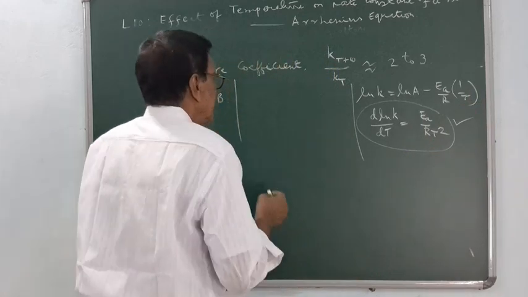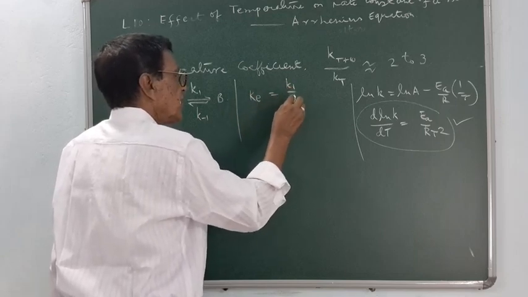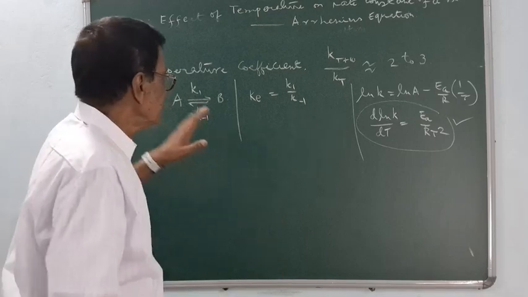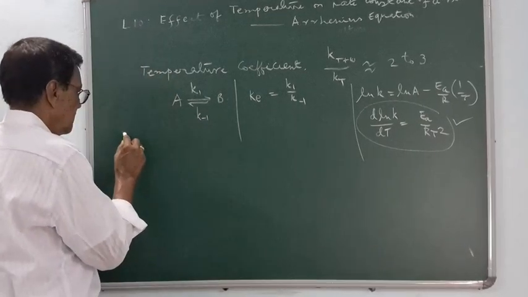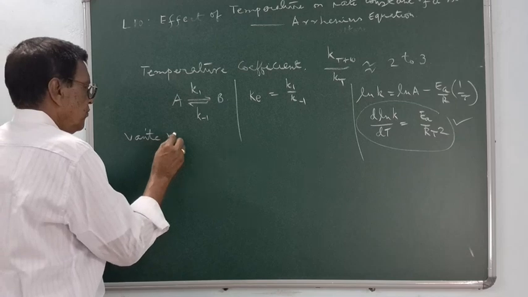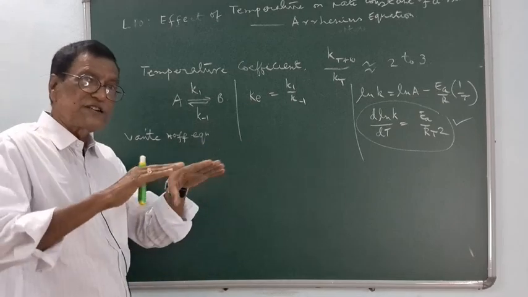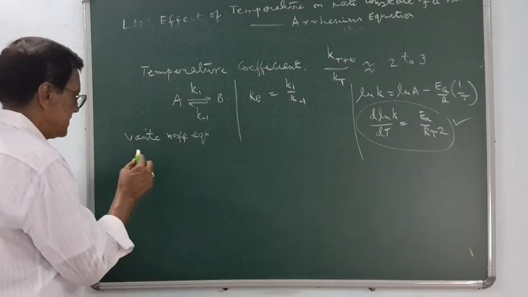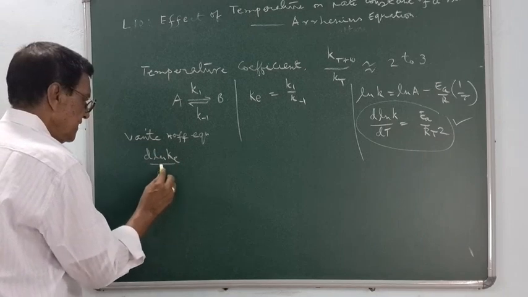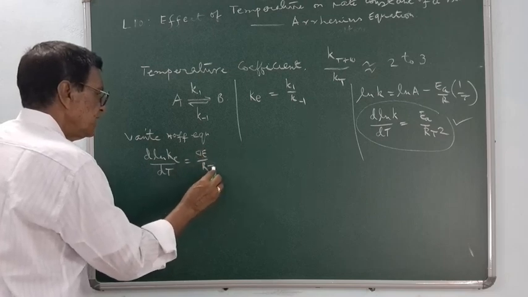The van't Hoff equation, and the equilibrium constant is equal to K1 by K reverse 1. The van't Hoff equation, which relates the equilibrium constant with the temperature, is d ln equilibrium constant divided by dT equal to delta E divided by R T square.